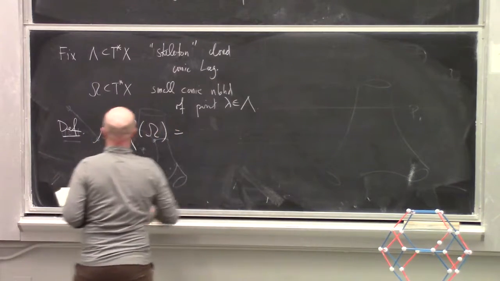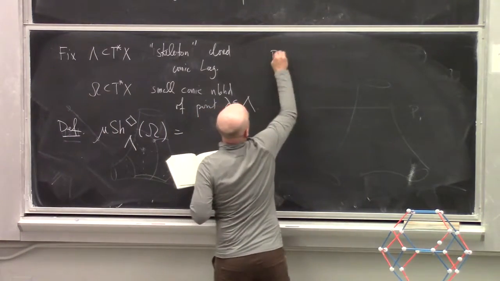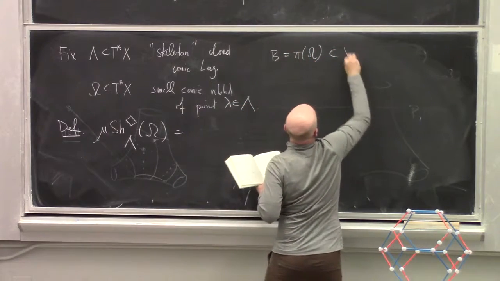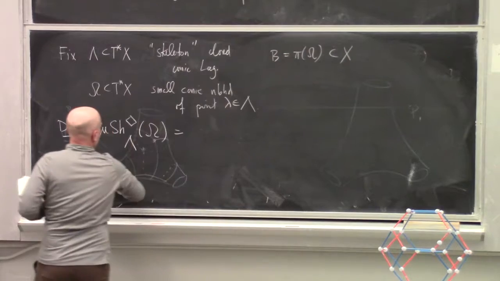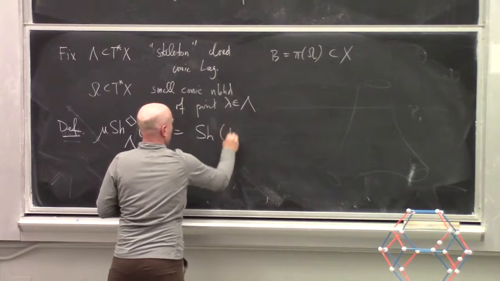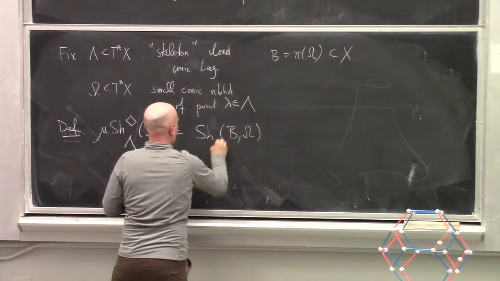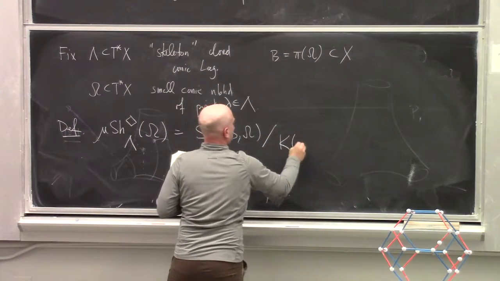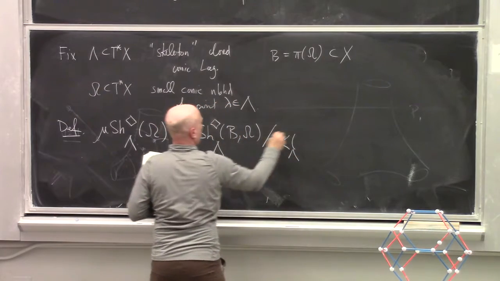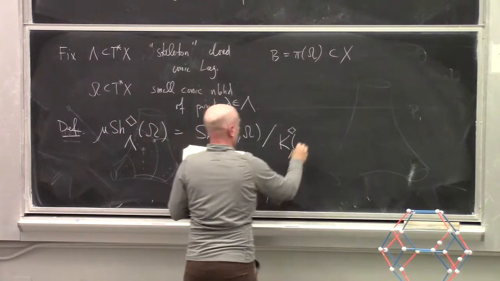Let's take B to be the image of Omega inside the base, and I take sheaves on the base. Well, let me write something and then I'll say what I mean. And I look at a quotient category. I'll say what I mean in a moment.